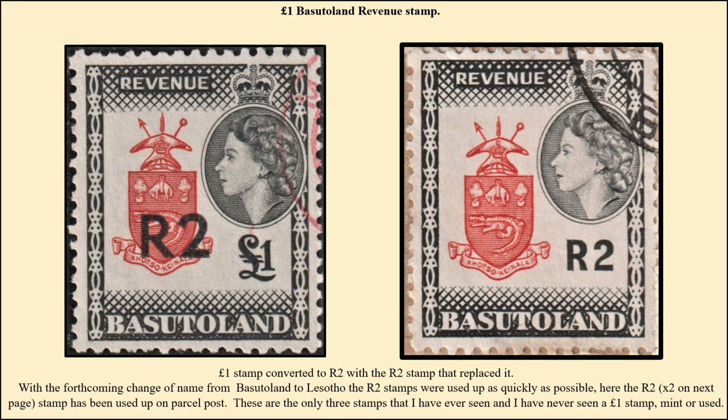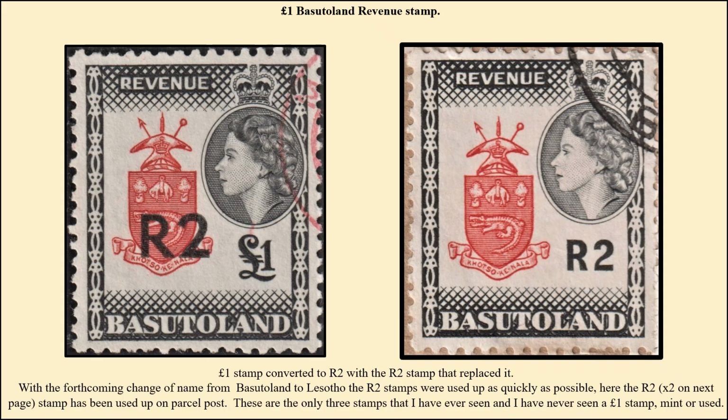The £1 Basutoland revenue stamp with the overprint of £2, 1961, and the stamp that replaced it, the same design with £2 on the stamp.